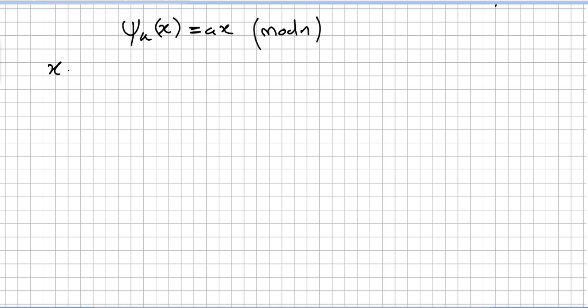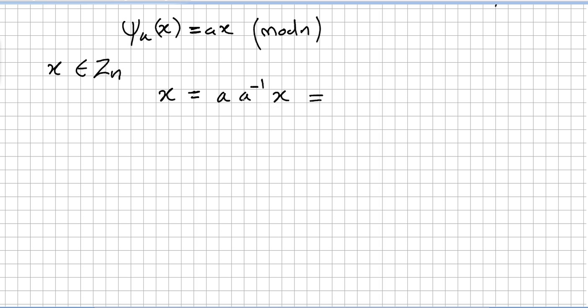Do not forget that x is in Zn. Let me do it this way. I'm going to pick x, but what is x? x is a inverse, this will be the identity times x, right?